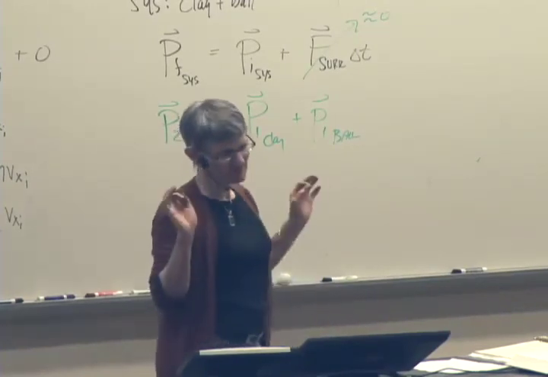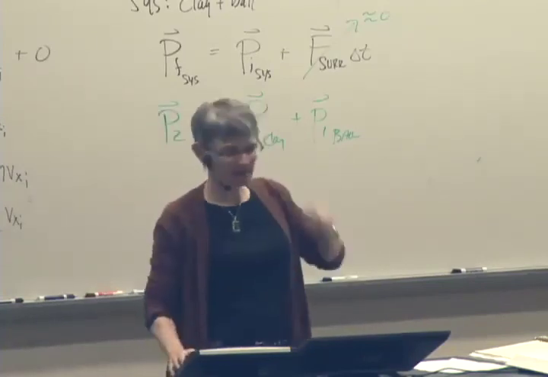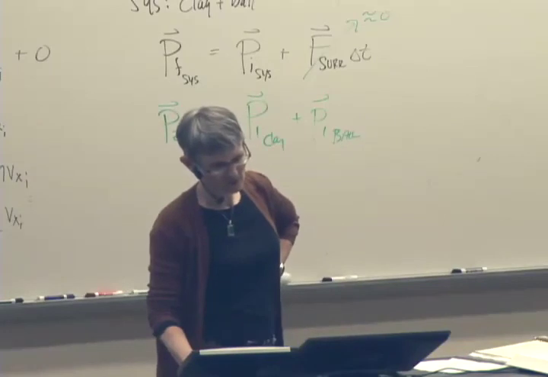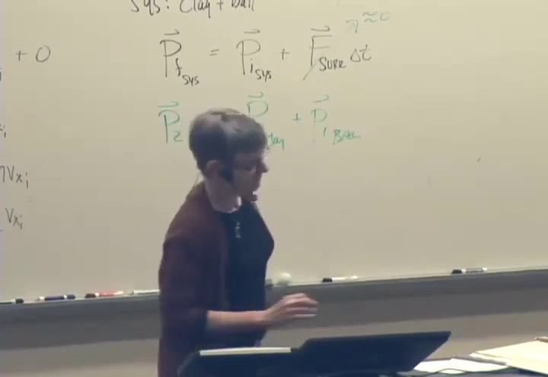So we decided that for the system of clay plus ball, the final momentum had to be equal to the initial momentum. What's true of the kinetic energy of this system in this particular situation?